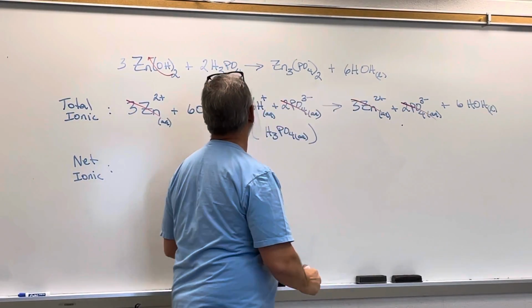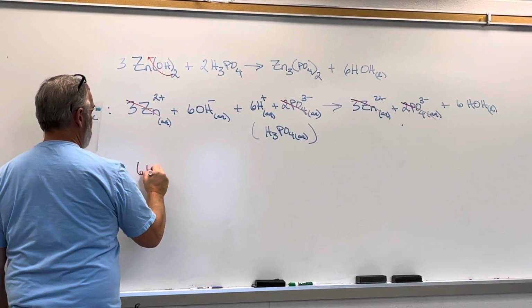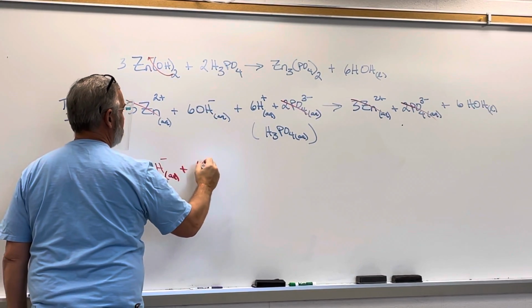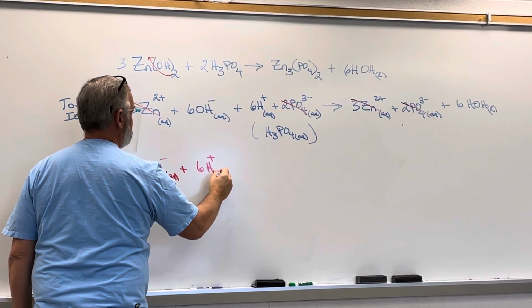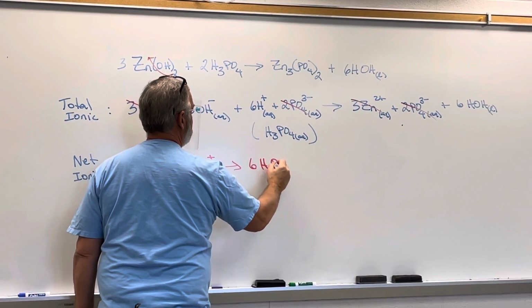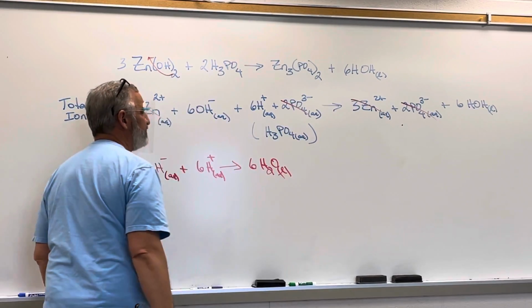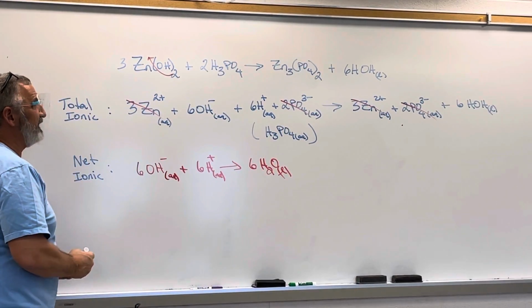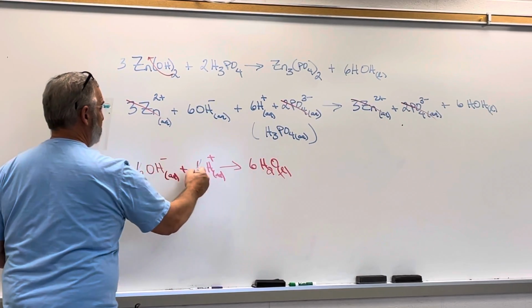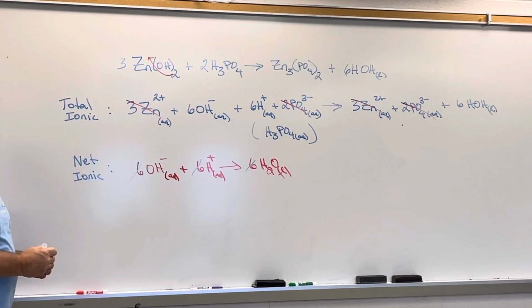And we end up having 6 OH minuses plus 6 H pluses going to 6 H2Os or HOHs. Now you could technically, because it's 6, 6, and 6, get rid of those, because you always want to reduce the coefficients if possible, the smallest ratio.